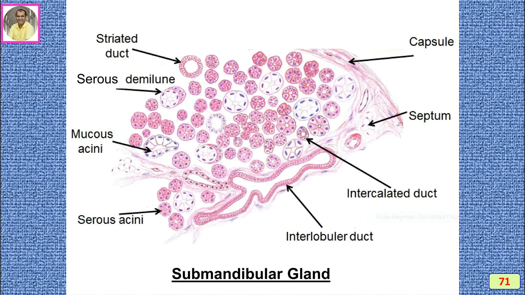So the submandibular gland structure will have serous acini, then mucous acini, then serous demilunes, striated ducts, interlobular ducts, and intercalated ducts. Finally, the septum separates the lobules, and ultimately the protection is by the capsule.